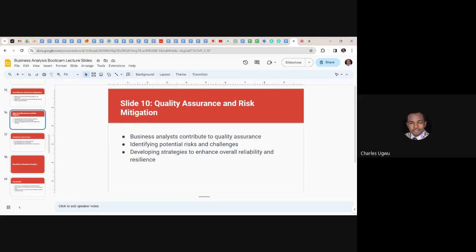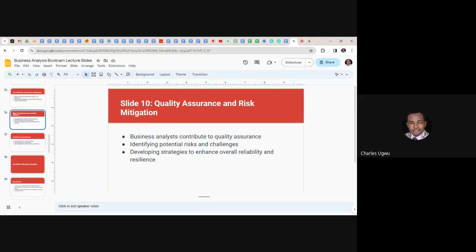Quality assurance and risk mitigation. Business analysts contribute to quality assurance, identifying potential risks and challenges, and developing strategies to enhance overall reliability and resilience.